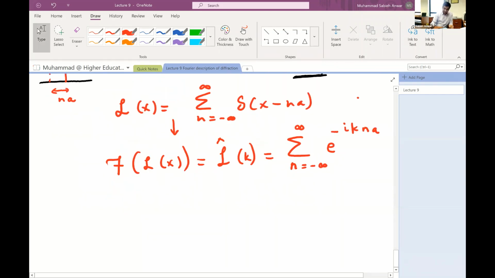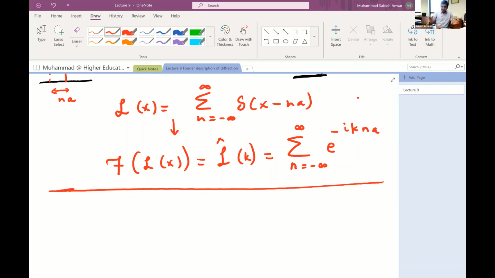Okay, so this is the Fourier transform of the lattice. Remember that the Fourier transform of the direct lattice is a function in k space. Now the x's have gone away and only k survives. So we have a function living in k space, which is also called the reciprocal space. So now we have a sum of exponentials in the reciprocal space, which is the Fourier transform of the lattice in the direct space.